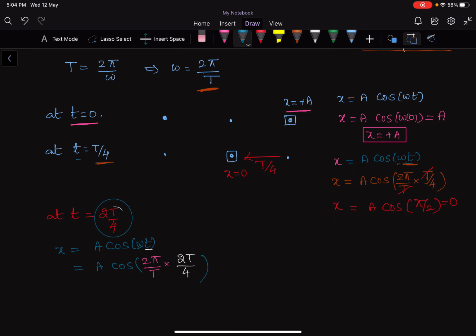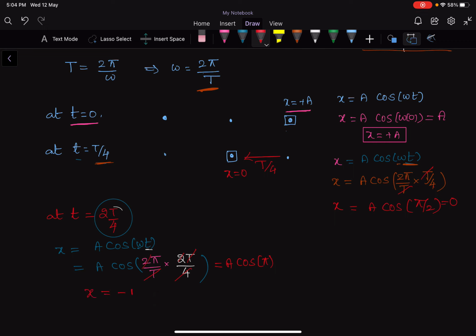Here T and T cancel out, and 2 into 2 is 4, which also cancels out. So you get x equals a cos pi. Cos pi is minus 1, and minus 1 into a is minus a.